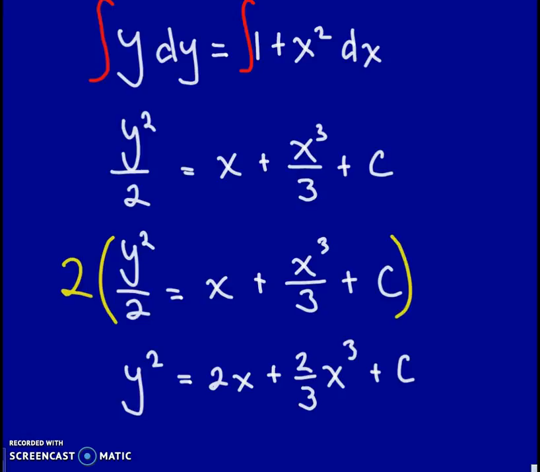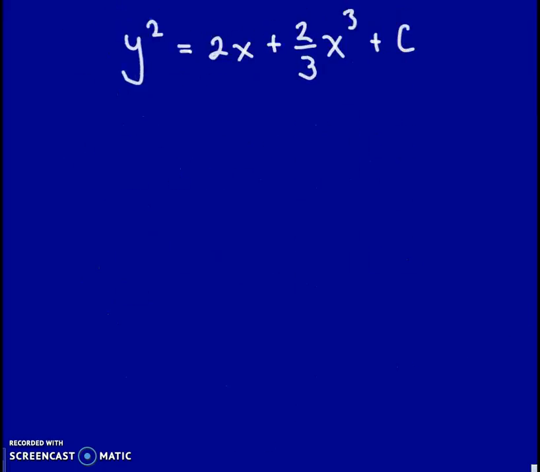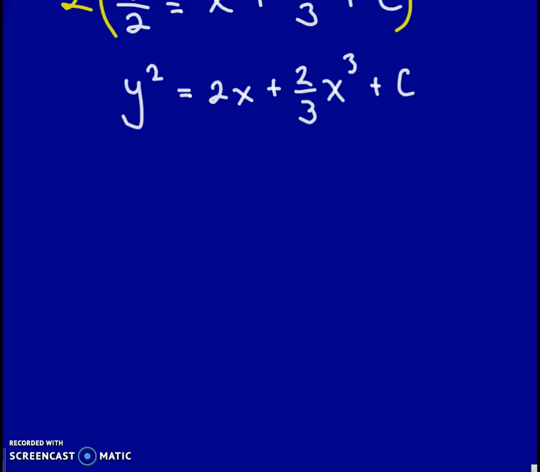We have y squared is equal to 2x plus 2/3 x cubed plus c. Some of you might want to take the square root of both sides, but before I make things more complicated with square roots, this is a good point in the problem to solve for c.